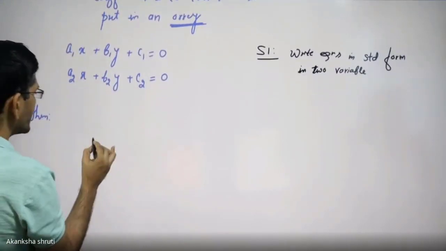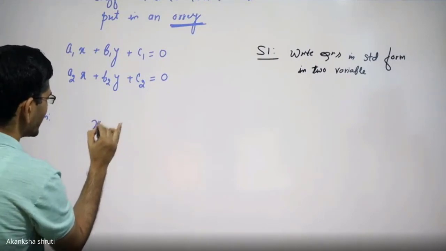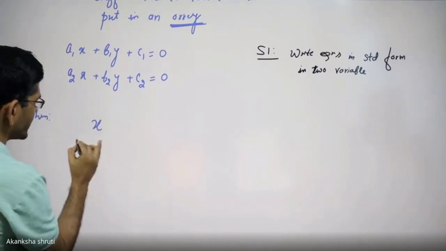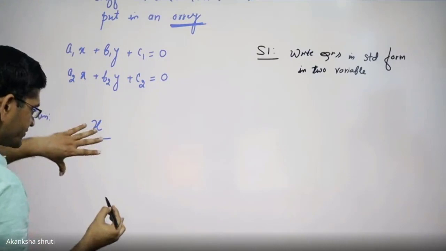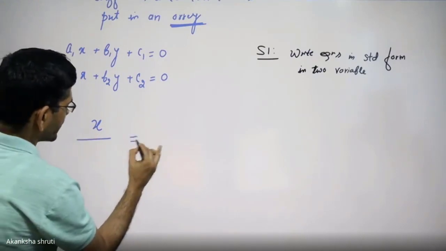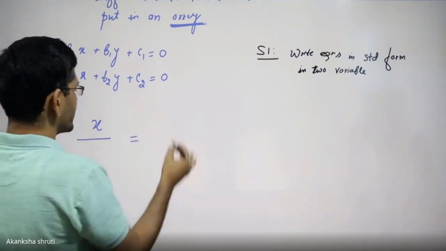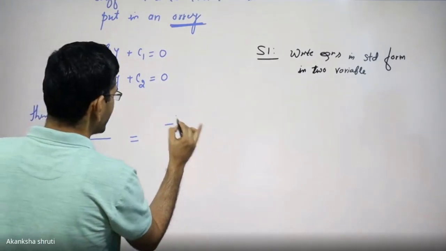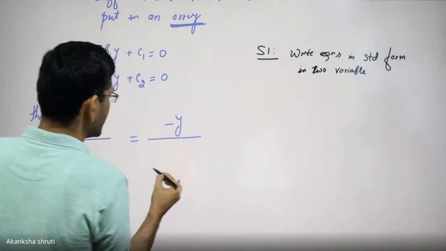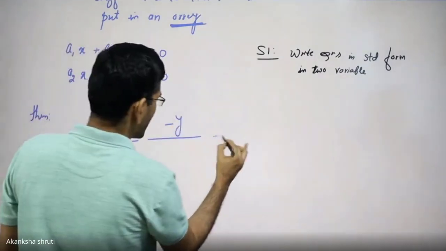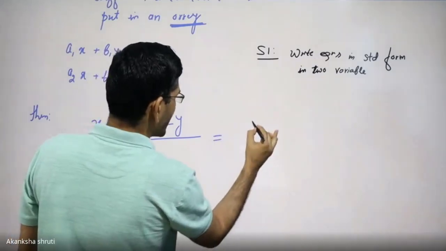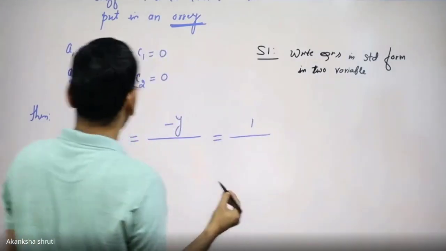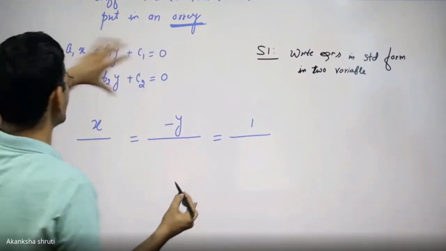Students, write x here, put a line below it, then put an equal sign, write minus y here, put a line, then an equal sign, then put 1 here, and a line below it.